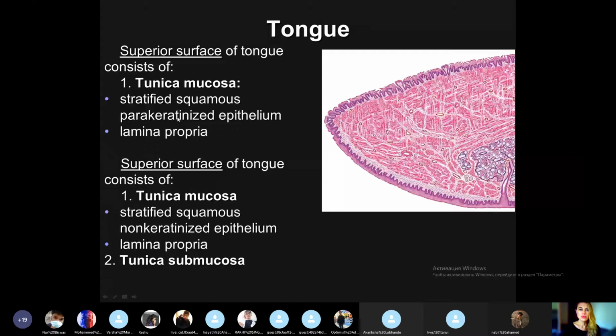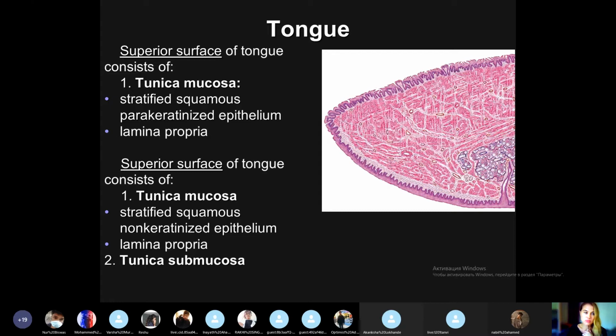Parakeratinized: remember from previous semesters that among stratified epithelia we have keratinized and non-keratinized epithelium. For example, our skin is represented by stratified squamous keratinized epithelium. However, if you remember from the eye topic, the cornea is lined by non-keratinized epithelium. The main difference between them is the stratum corneum, which is absent in non-keratinized epithelium.